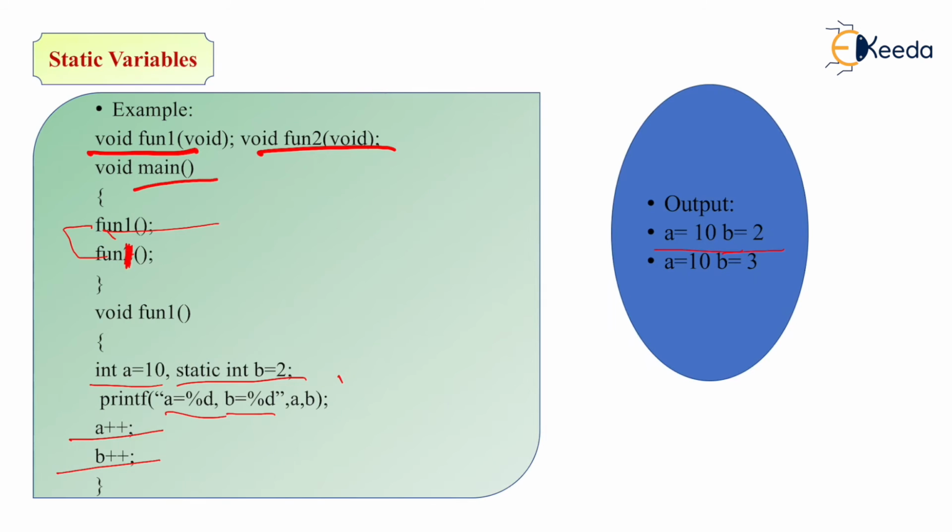So now the value of a is initially 10, so here you will get the answer as 10 only. But the answer of b will be 3 because that is statically defined. So the value of b is initially 3, since it was incremented by 1 in the previous call.